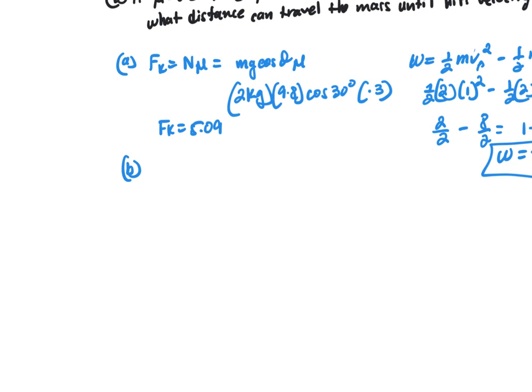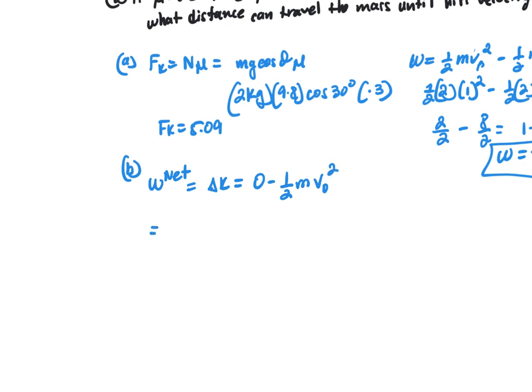Okay, so to do this, we get our net work equals our change in kinetic energy, which we know is going to be 0 minus 1/2 mass times initial velocity squared.